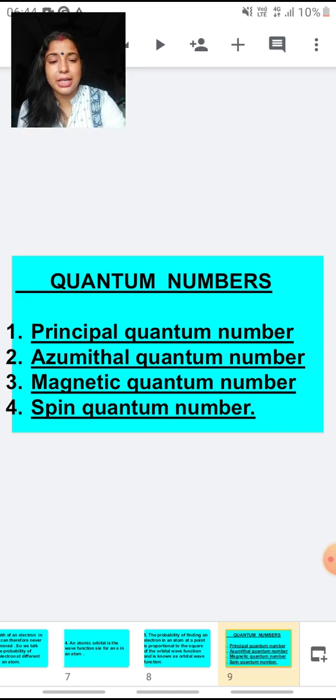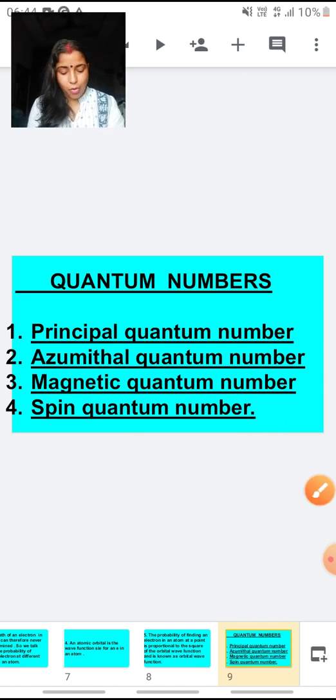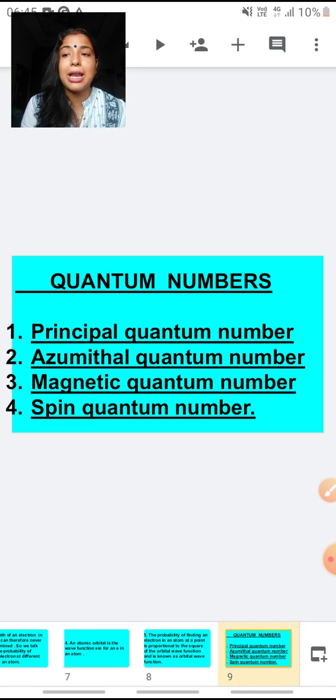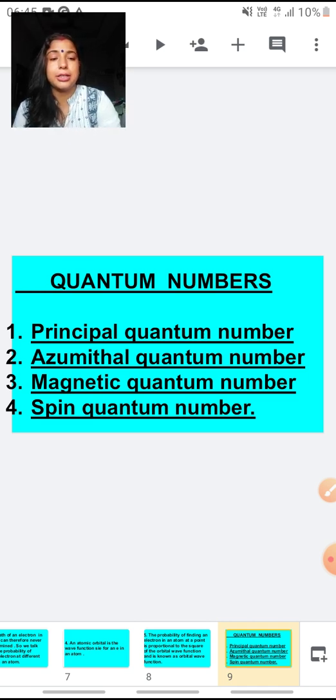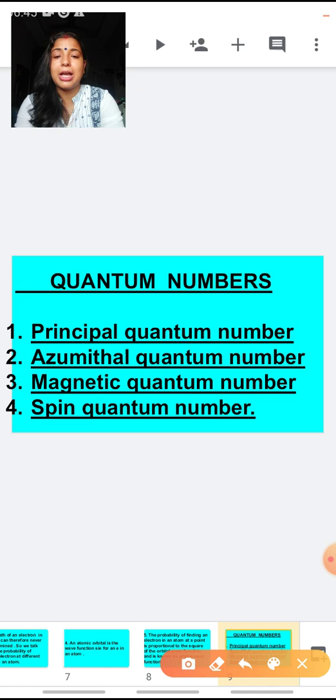Now, second is the azimuthal quantum number. It is also known as orbital angular momentum or subsidiary quantum number. It defines the three-dimensional shape of orbitals. Now, for a given value of n, the value of l will be like this: suppose the value of the principal quantum number is 1.